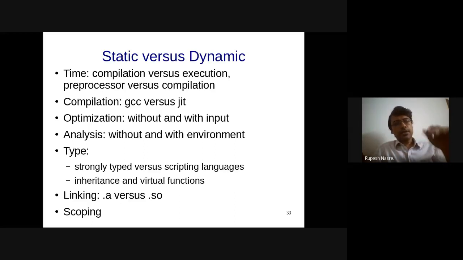Because when you have just the code and you are performing the analysis, you are not able to figure that out because of various reasons. But for a particular run with a particular input, you are able to get that unexpected behavior. In such cases, the input needs to be given. So the program is running, even let's say running via a debugger, and you are trying to identify what the variables and their values are, what the memory locations are, etc. This analysis can be done dynamically. So you are right that it is about the input that is given either from a file or from a terminal, etc.